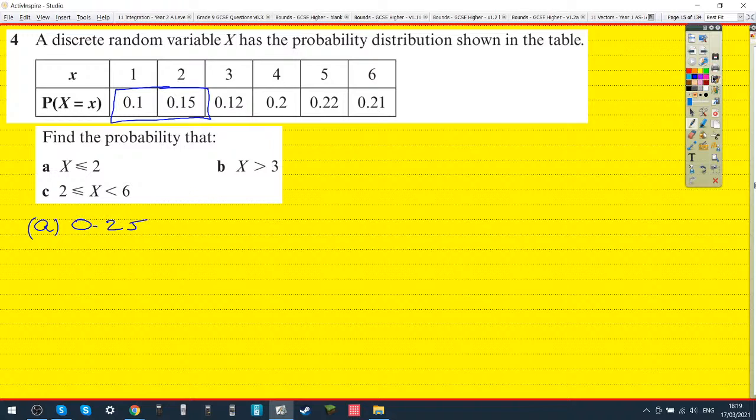Yeah. 0.63 would be. 0.63, yeah. 0.25 plus 0.21, so 0.46.